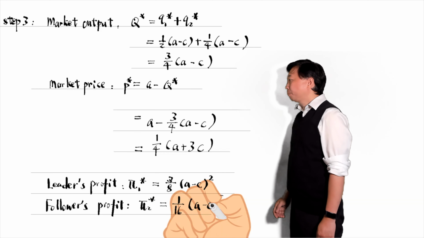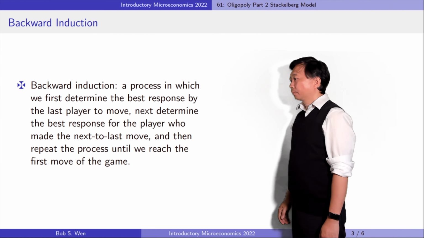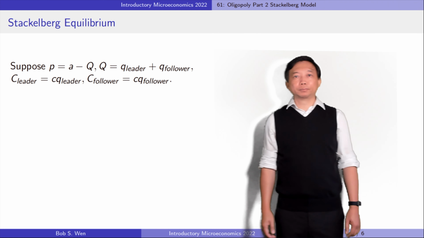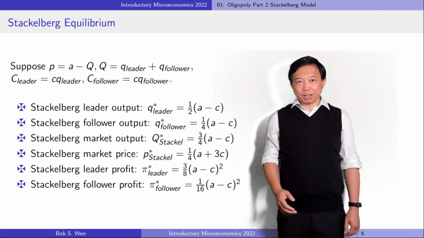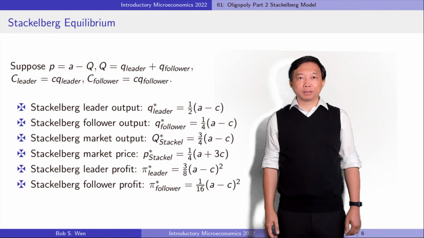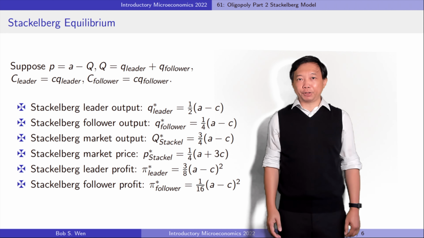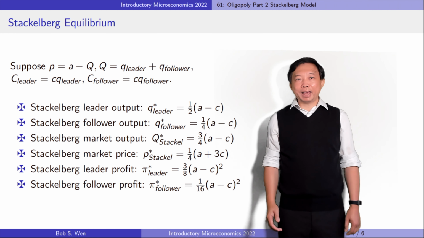The leader firm's profit is 16 times higher than the follower firm's profit. We find that if the Stackelberg leader chooses its output before its rival, the Stackelberg follower, the leader produces more and earns a higher profit than the follower. It is an advantage to act first.